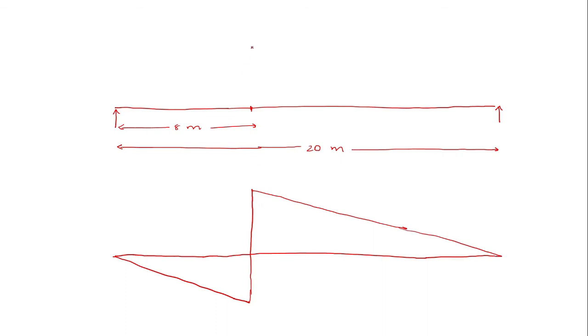Now I write the corresponding load positions here: 4 kilonewton, 6 kilonewton, 8 kilonewton, 5 kilonewton, and then you have a UDL.